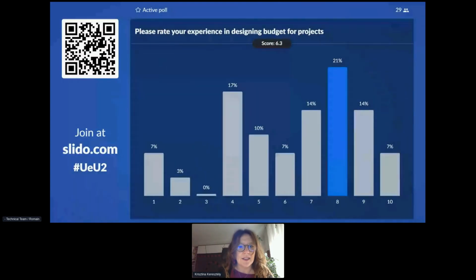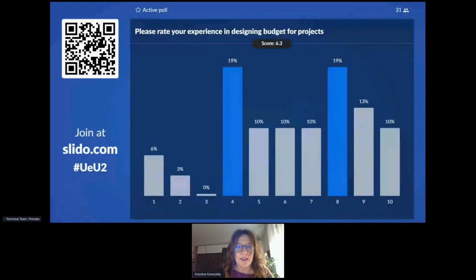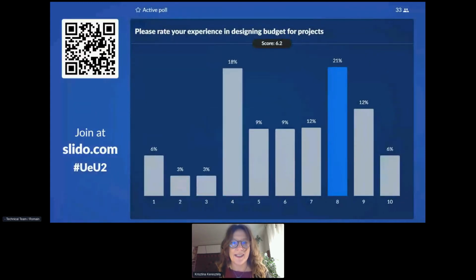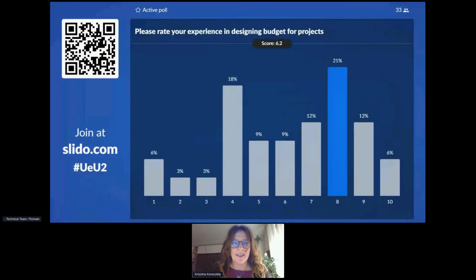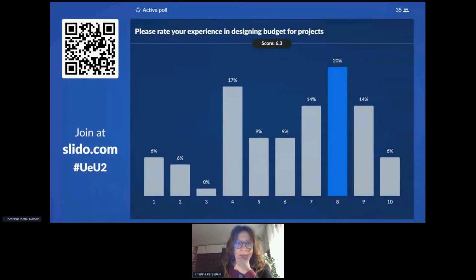So we can see here the results of this vote, and I see that we have a good spread of experiences, because I think most of you rated yourself 8, but we also have some people going a little bit lower.